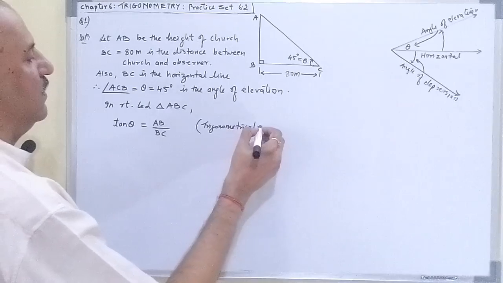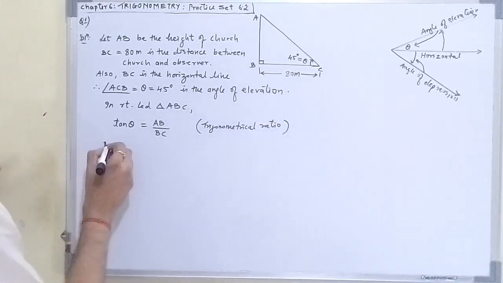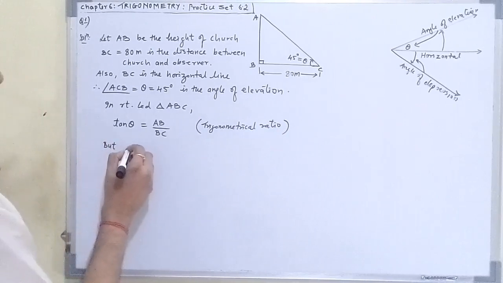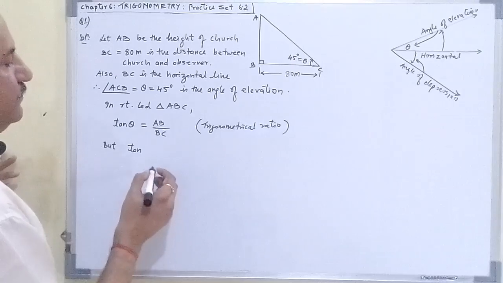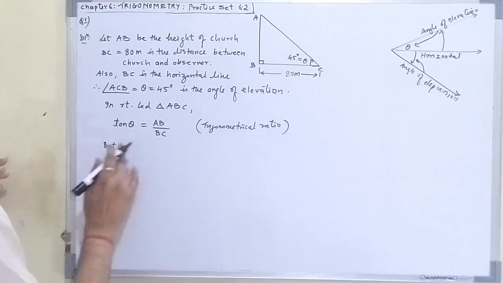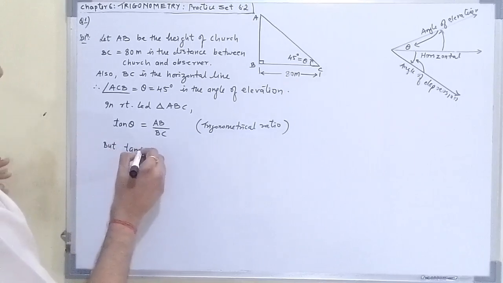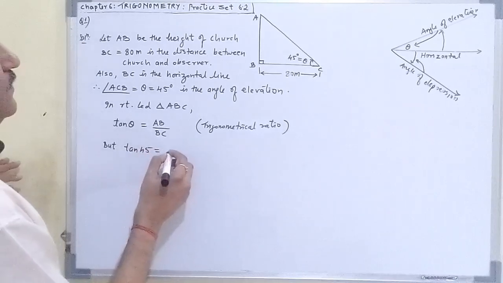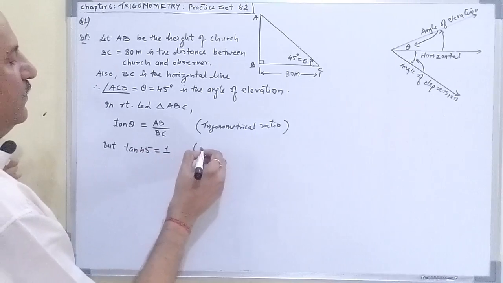Trigonometrical ratio. But tan 45 equal to 1.